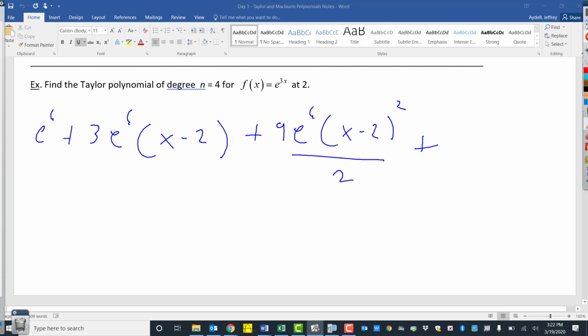Now we do the third derivative, f triple prime, so 27e to the 6th times x minus 2 cubed over 3 factorial, which is the same thing as saying 6.